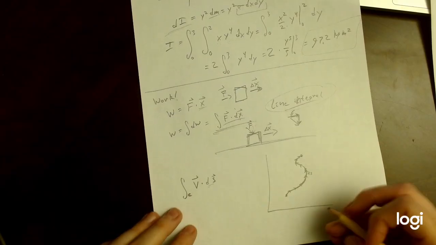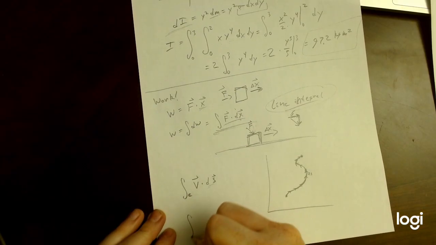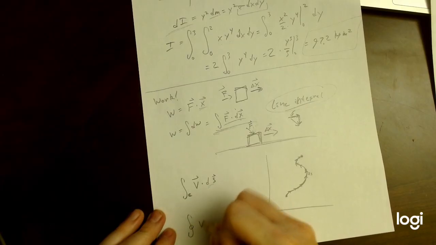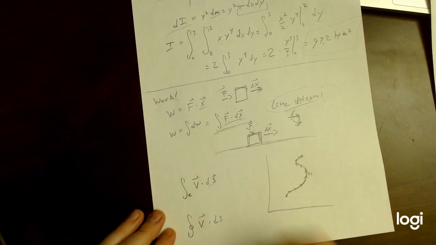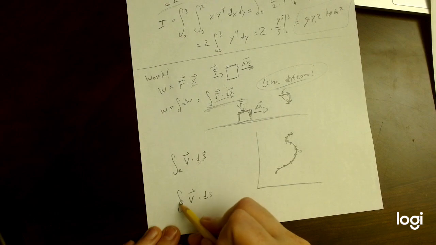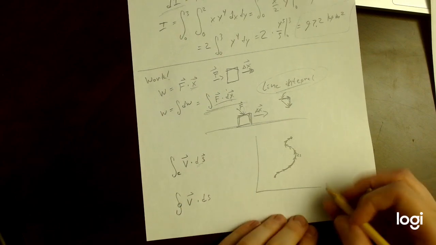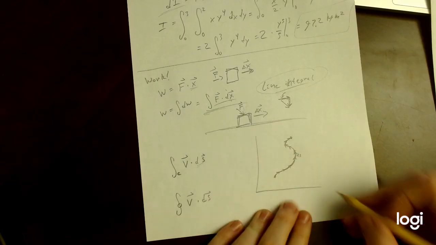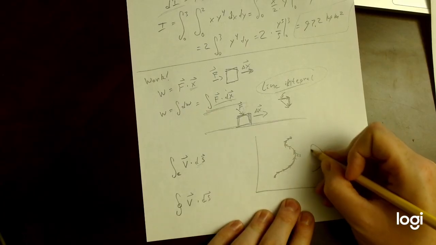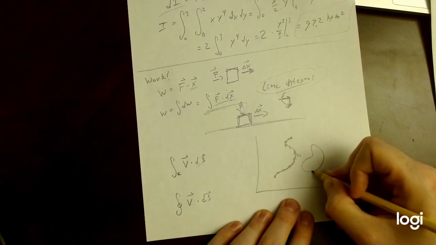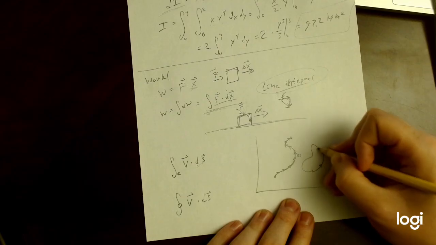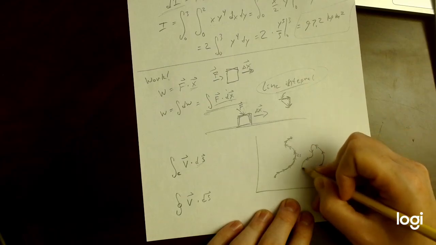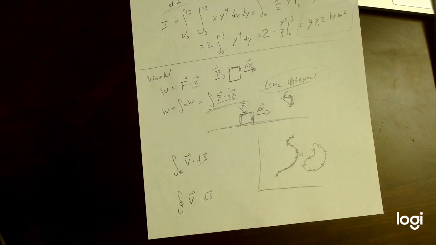Or sometimes you might see an integral sign where we have this kind of little circle in our integral sign. What that means is we're integrating along a curve, but it is a closed curve, meaning it loops back on itself and ends where it starts. This is fairly common for these type of line integrals.